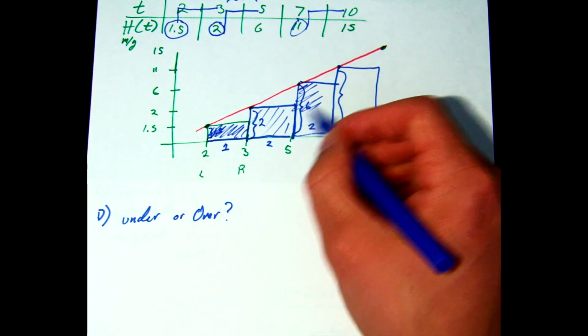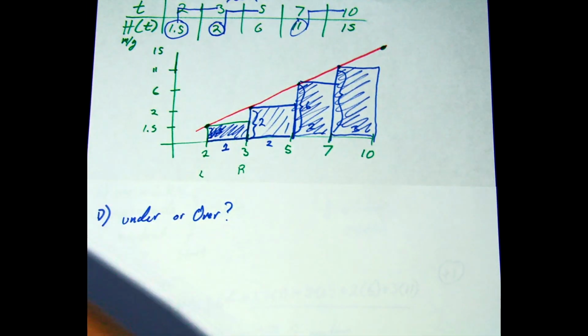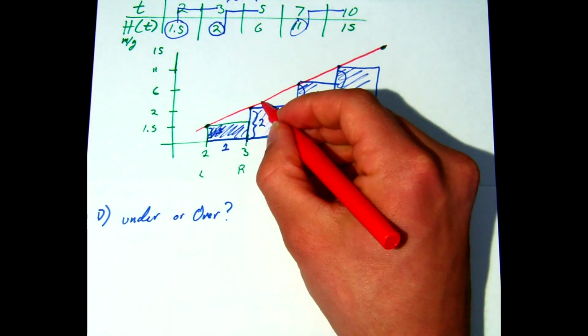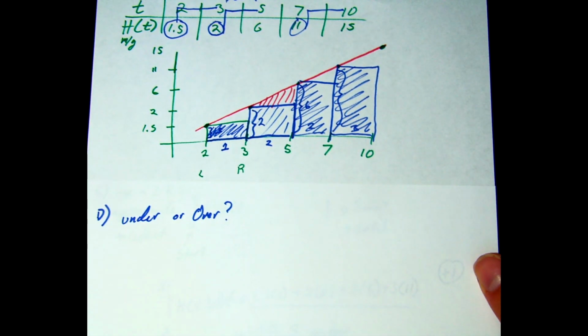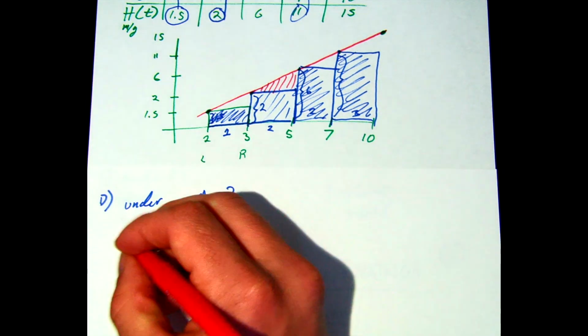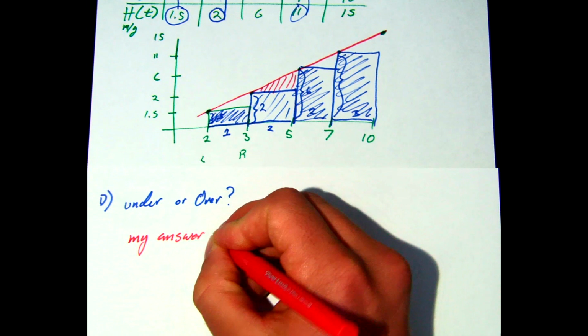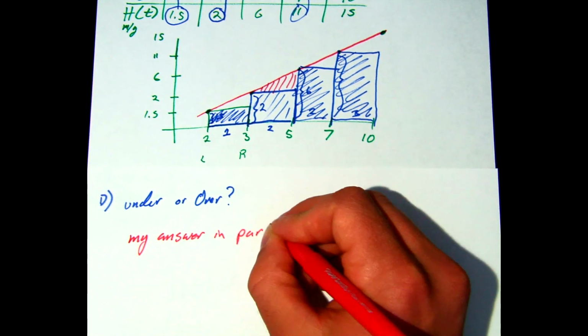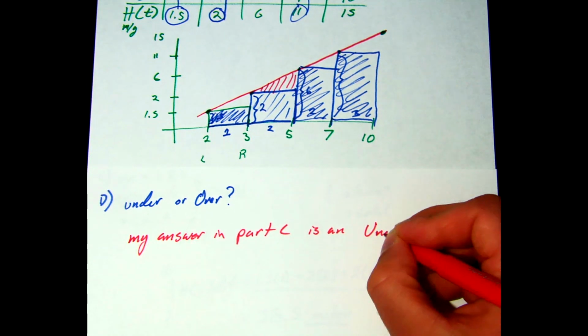All of these boxes. But I'm going to highlight this part in red. Those are all the parts that we left out. So for part D, I would say my answer in part C is an underestimate.